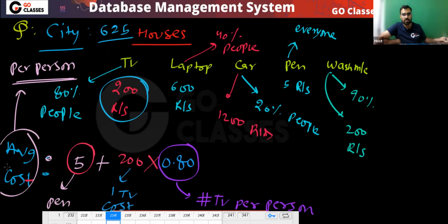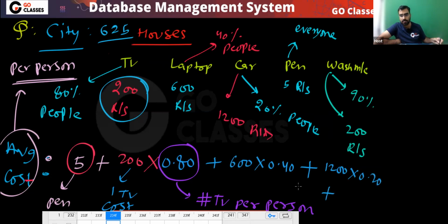Agree or not? Plus the same thing: 600 is one laptop cost, but one person has these many laptops. Similarly, 1200 is one car cost, but 0.20 cars per person. And finally, 200 for washing machine multiplied by 0.9. This is your answer. Is this clear?